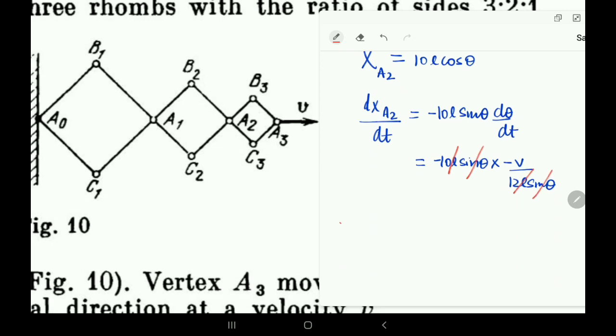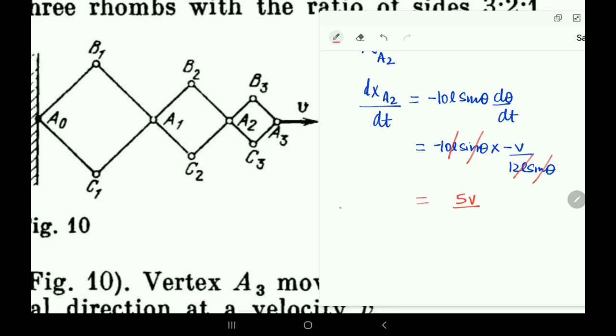So we'll adjust some values, and what we are finally getting is 5v by 6. So A2, the joint A2, is moving with a velocity 5v by 6.